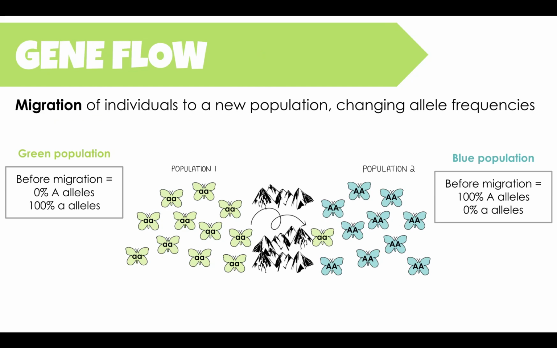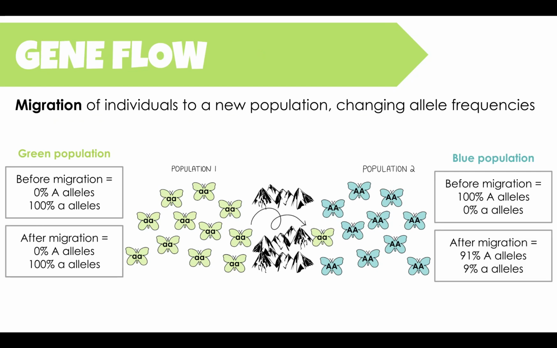So the green population before migration had 0% dominant alleles and 100% recessive alleles. The blue population had 100% dominant allele before migration and 0% after. Well, now that the butterfly has migrated over, we see a change in allele frequency. The green population is still sitting at the same frequencies, but my blue population is different.